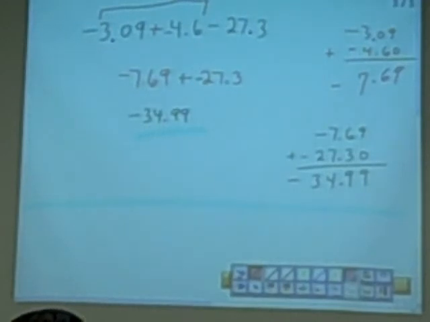Hey, what if you just added all three of them at one time without going through those steps? Would it equal about the same thing? At this point, I would not recommend you do that, because all it takes is to add when you should be subtracting, or doing the wrong operation.